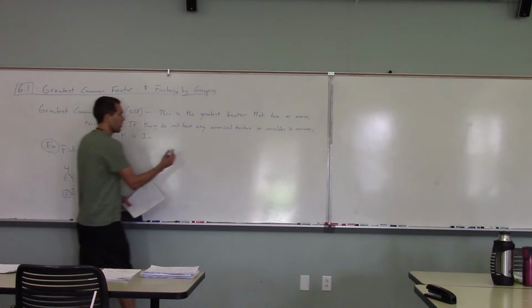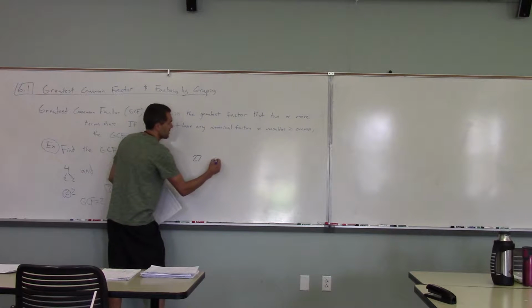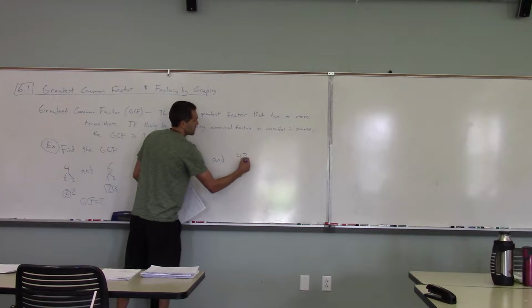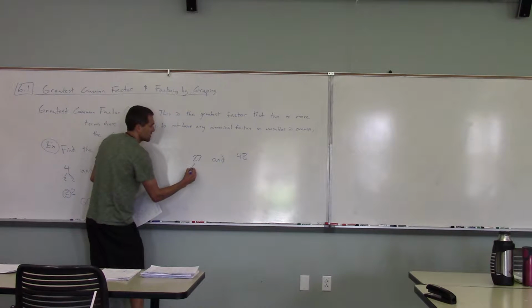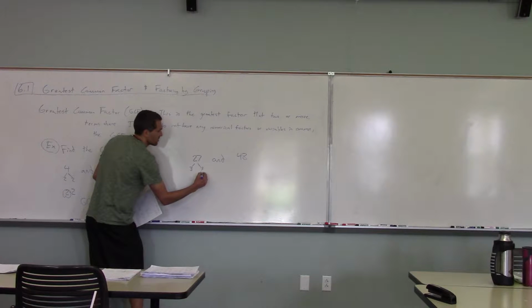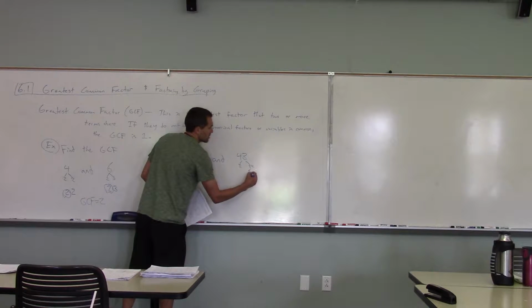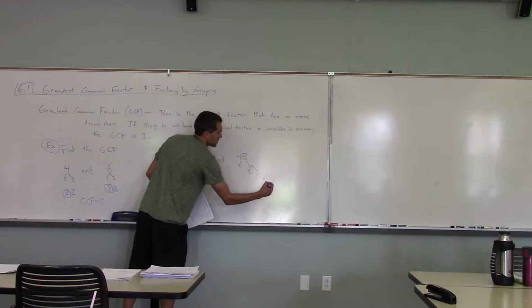So now, what about another one? Something like 27 and 48. Okay. First, let's write. This is 3 times 9. That's 3 times 3, so there are my primes. Here's 2 times 24, 2 times 12, 2 times 6, 2 times 3.